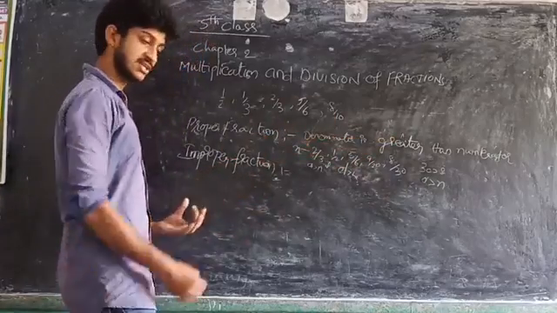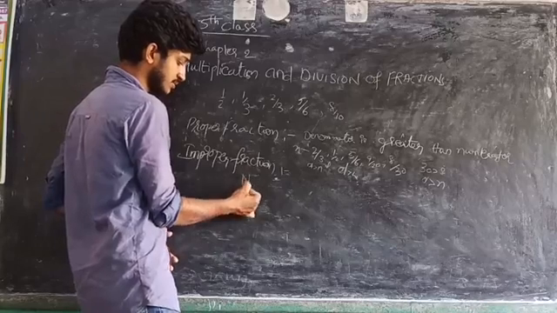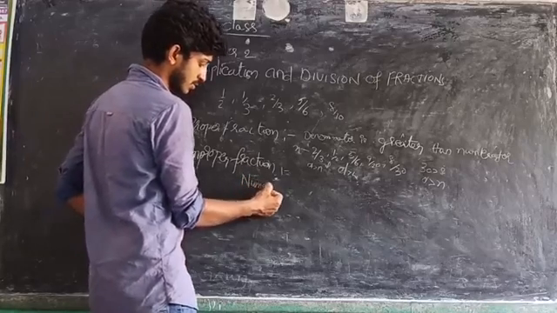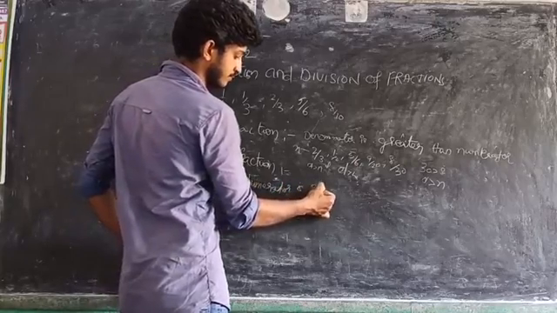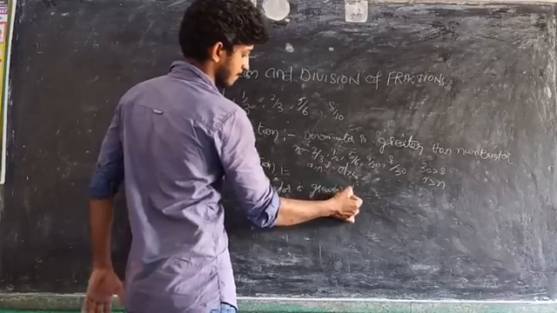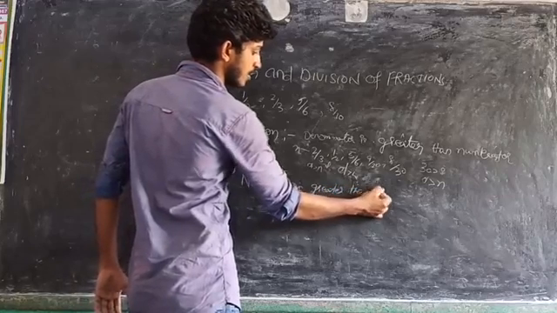In improper fractions, numerator is greater than denominator.